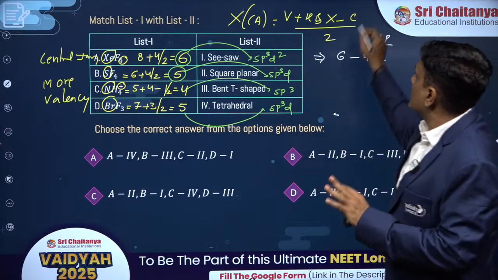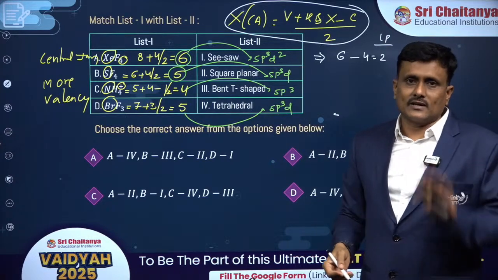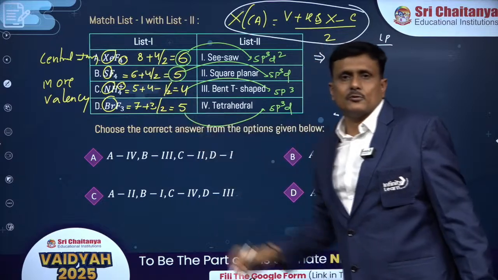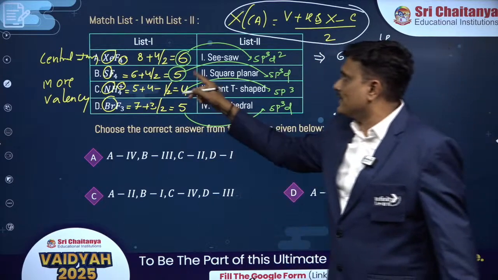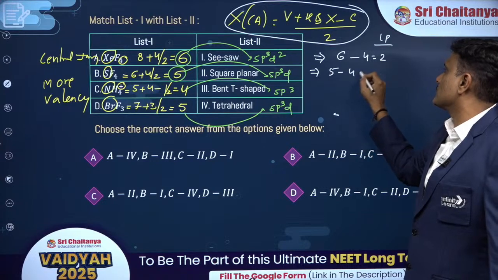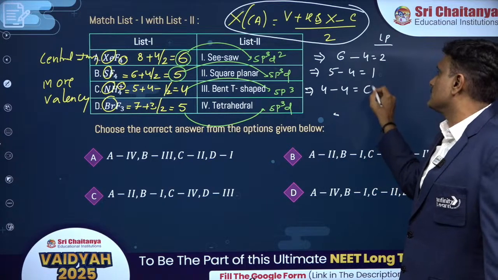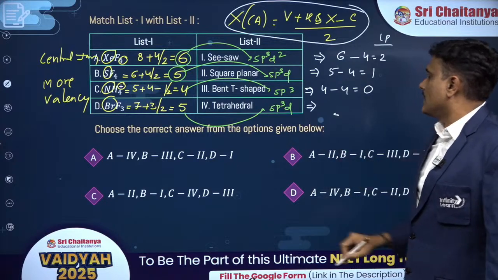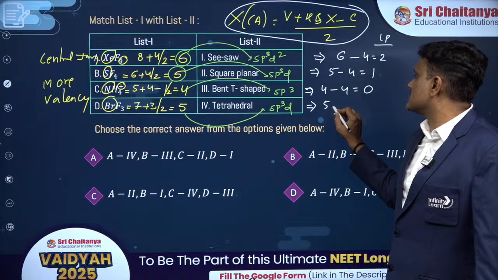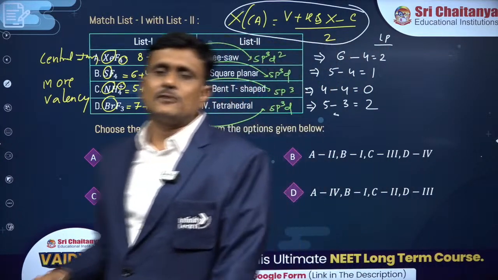One simple formula to predict many things, all in one formula. So 6 you got, and atoms attached are 4, so 2 lone pairs are present. 5 minus atoms attached 4, the number of lone pairs is 1. 4 minus atoms attached in ammonium 4, lone pairs 0. And over here the number of atoms attached is 3, so lone pairs are 2. So you got the number of lone pairs by using this formula.